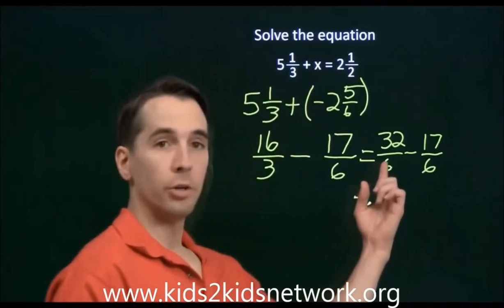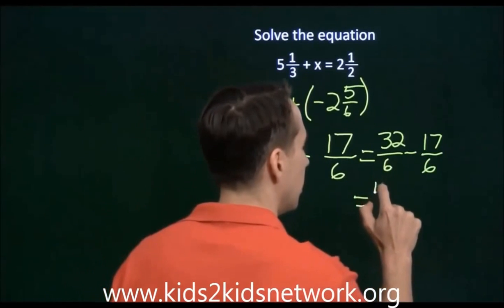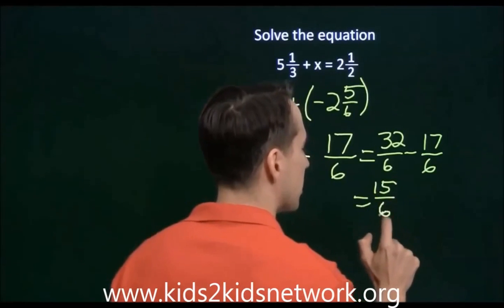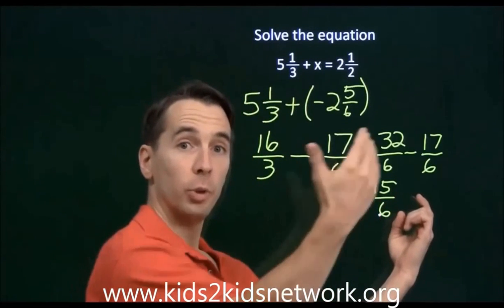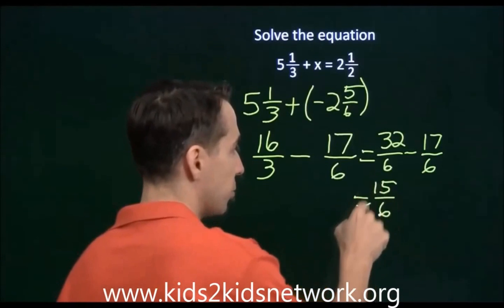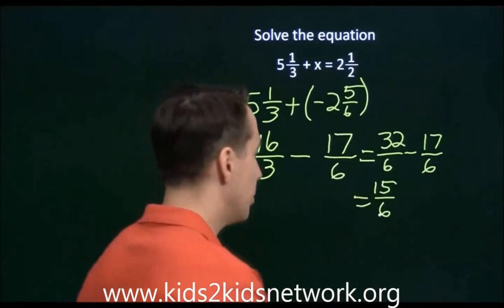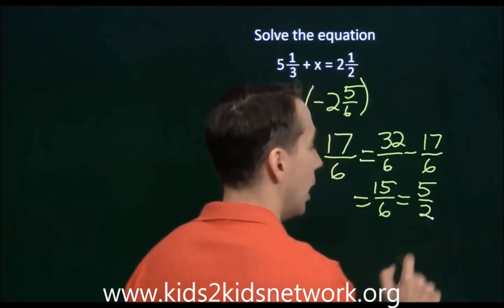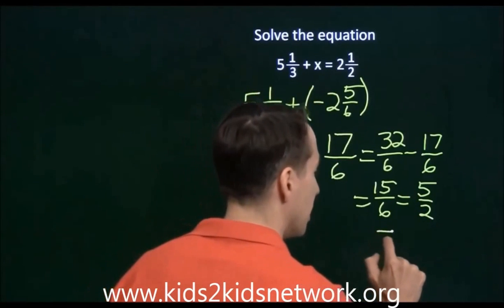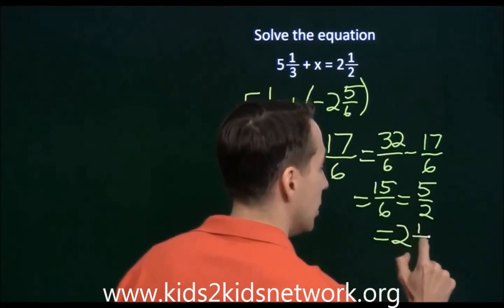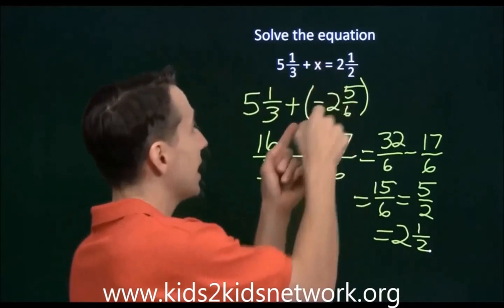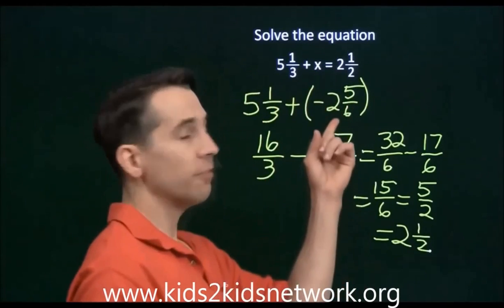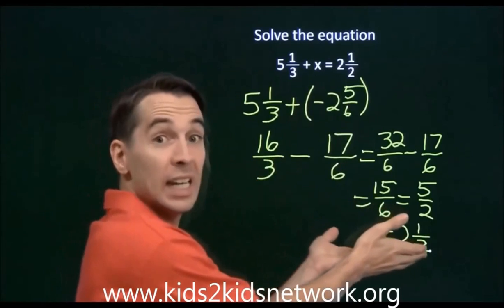We subtract. 32 minus 17 is 15 over 6. These are both multiples of 3. We can pull out a common factor of 3. That's 3 times 5. That's 3 times 2. We cancel the 3's. And we get 5 halves. And 5 halves as a mixed number is 2 1/2. So sure enough, when we put in x equals negative 2 and 5/6 into the equation, it works.